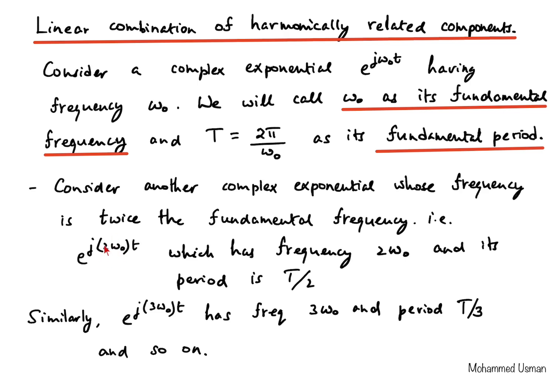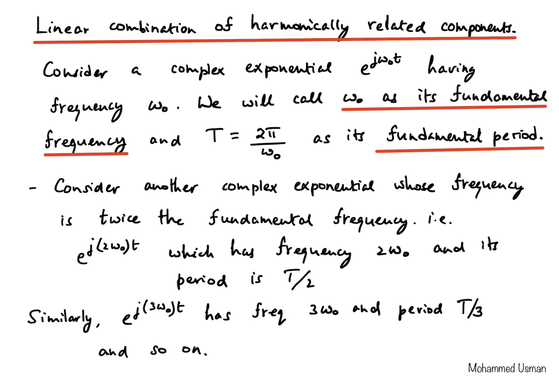When the frequency is increased by a factor of 2, the period decreases by a factor of 2. Similarly, if we have another complex exponential component whose frequency is 3 times the fundamental frequency, that's 3 omega naught, then the corresponding period of that component is the fundamental period divided by 3, and so on. Similarly, we can have a frequency component which is 4 times omega naught, 5 times omega naught, and so on.